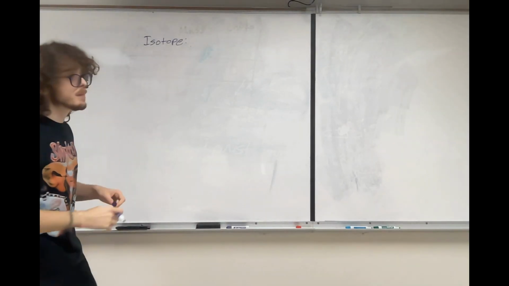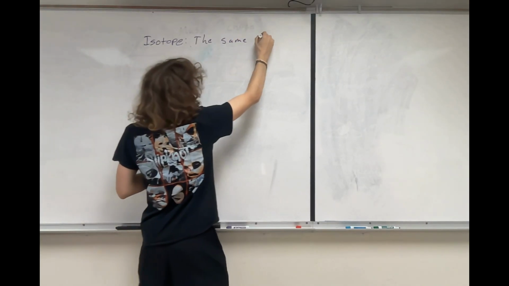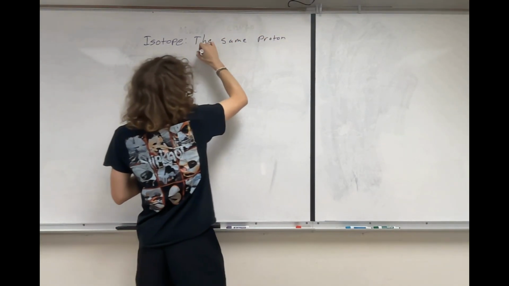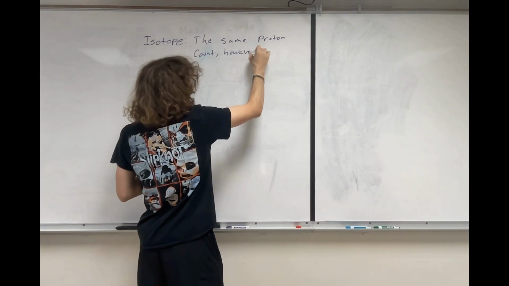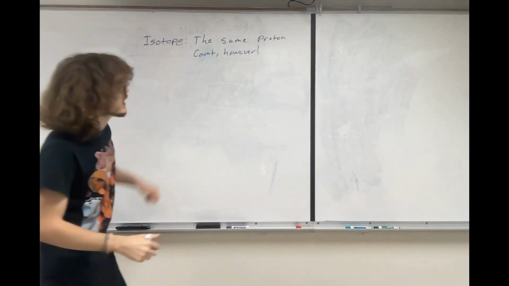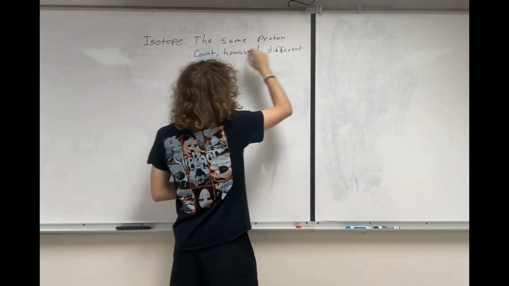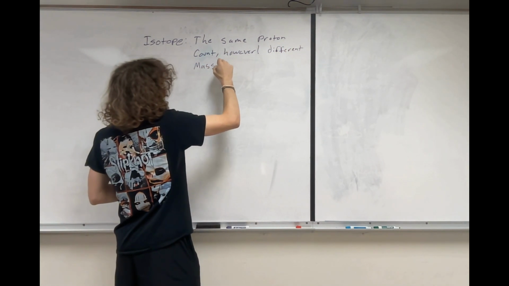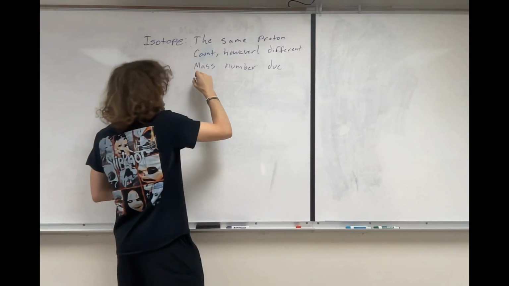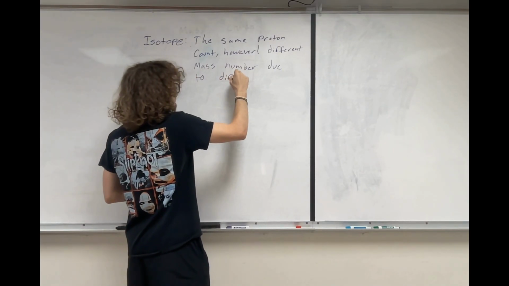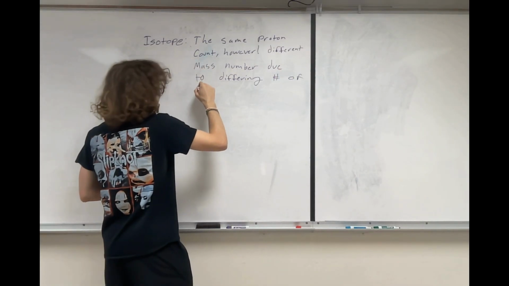So an isotope is the same proton count, however, different mass number due to differing number of neutrons.